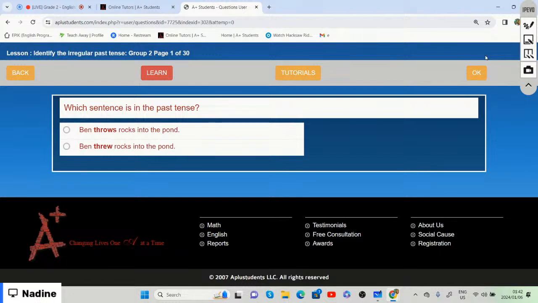Ben throws rocks into the pond. So throws is something that you're doing now.